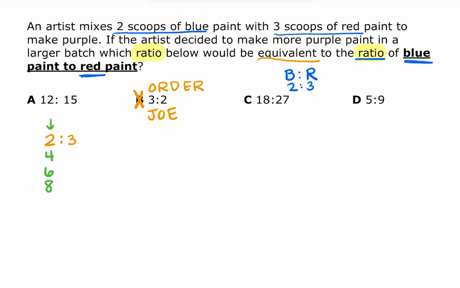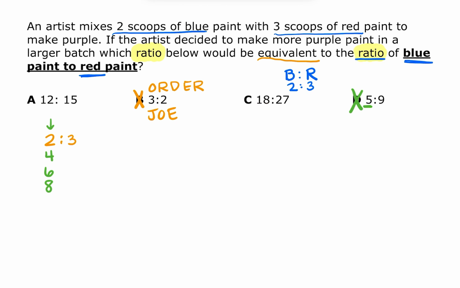And I already noticed, if I'm looking at D, my first number is a 5. Can I get to a 5? No, not with the 2. So that one's wrong. Because again, I've got 2, 4, 6. 5 doesn't match. So I could look, can I get to 18 or 12? Yes, I can.